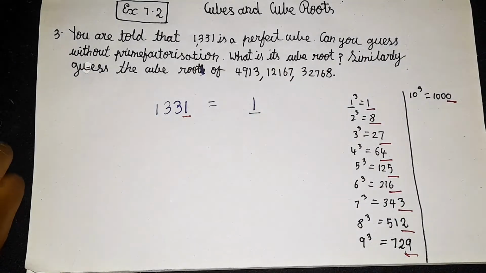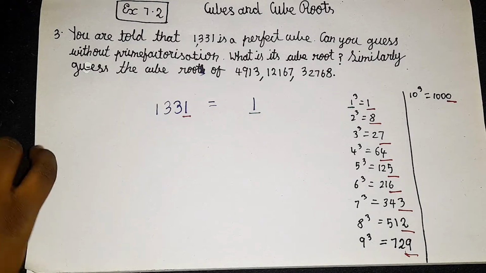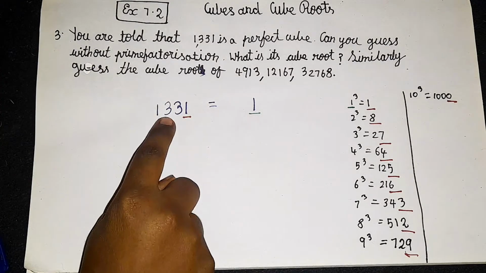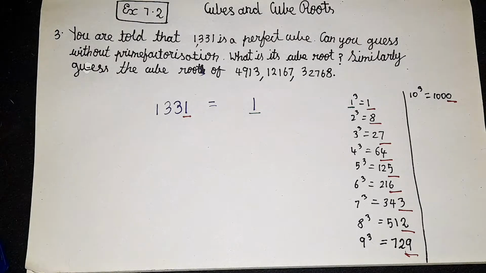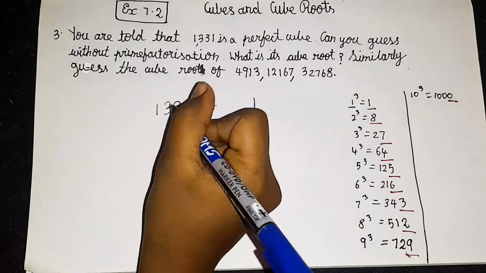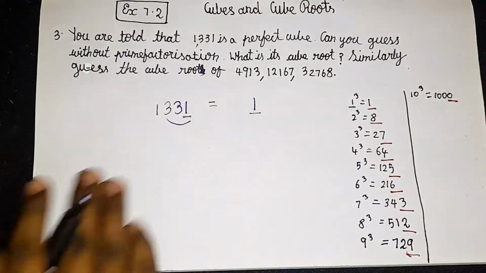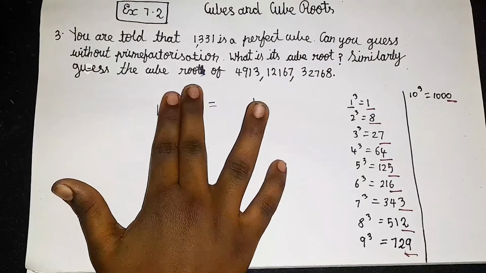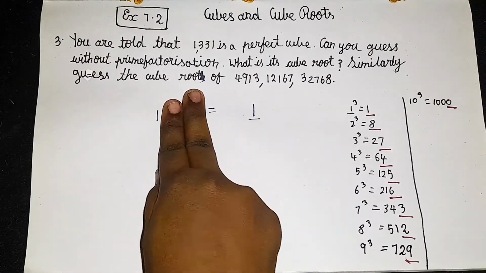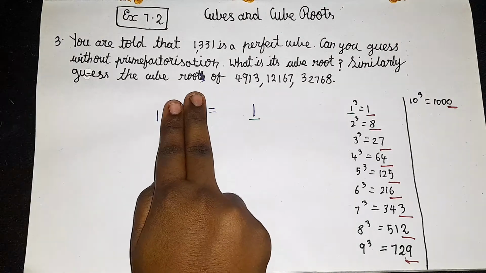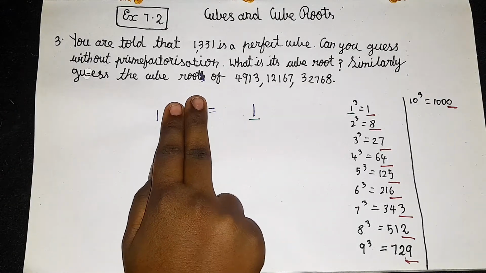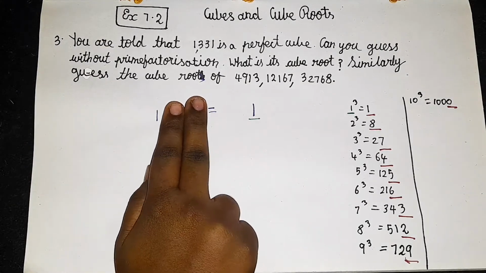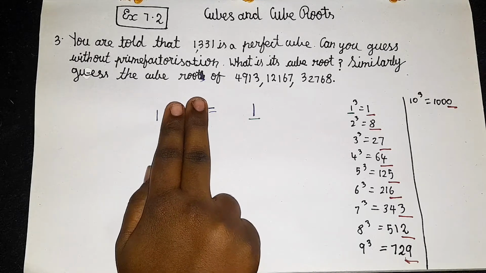Now what we have to do is hide these 3 numbers. Just forget about 331. If I cover this, only 1 is left. So which cube has the answer 1 in the end digit?